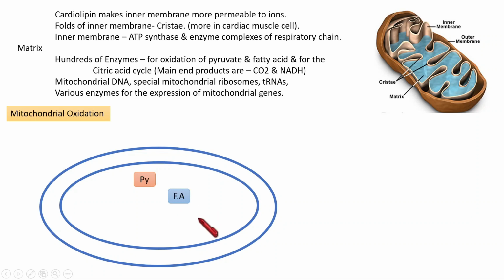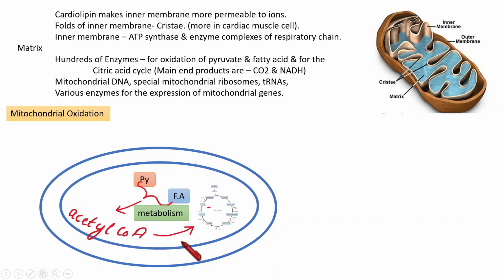Then what happens next? Both undergo further breakdown, and what forms is acetyl CoA. Acetyl CoA forms because of the metabolism of pyruvate and fatty acid, and this acetyl CoA enters the citric acid cycle, or the TCA cycle.